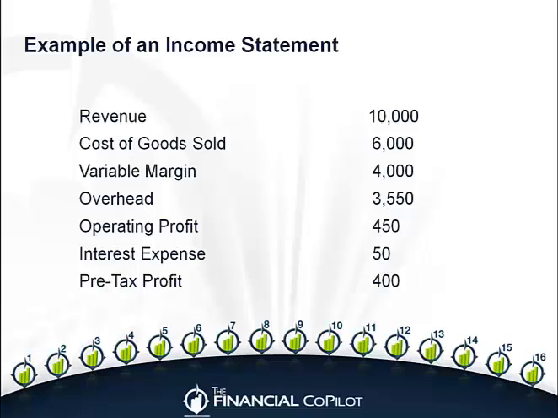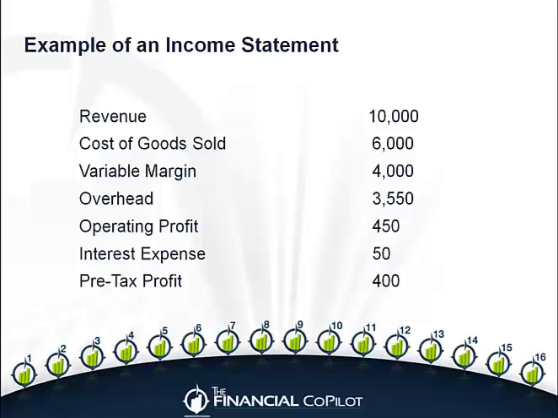So again, these are activities that don't have anything to do with your normal business operation. They show up near the bottom of the profit and loss statement in the other income, other expense category. In this case, we have interest expense in this example of $50.